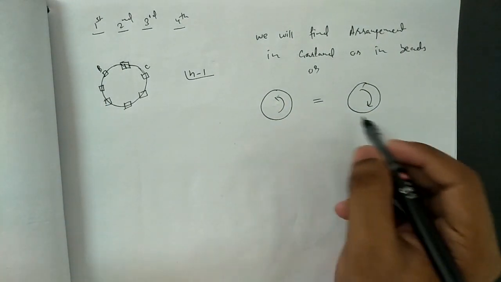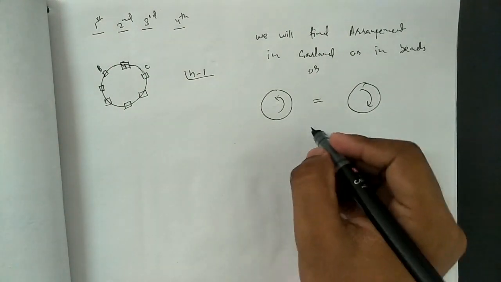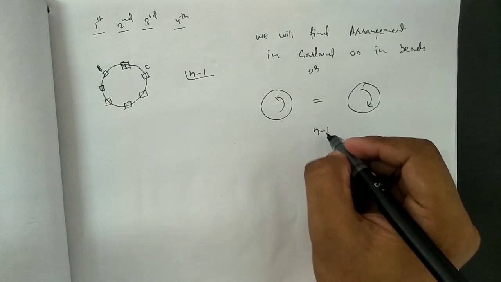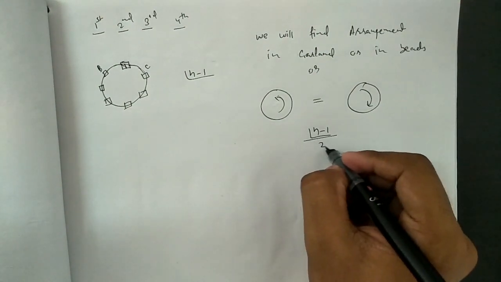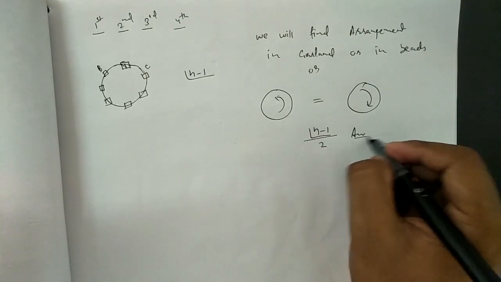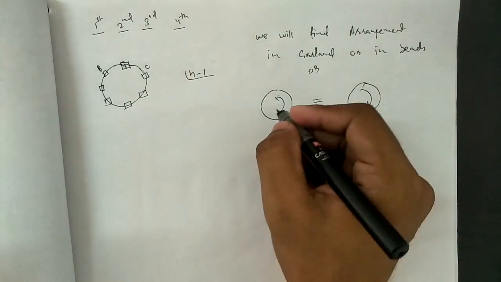So there is no difference in the clockwise and anti-clockwise sense. So the total arrangements are reduced by half. This will be the correct answer.